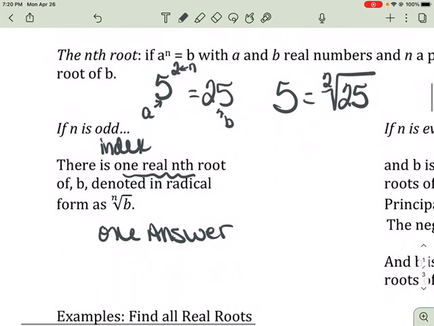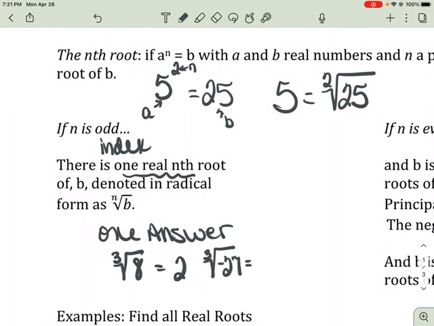So if I wanted to take the cube root of 8, that's 2. Period. If you take the cube root of, let's say, negative 27, the answer is negative 3. No plus or minus. No multiple answers. There's only one answer. You can take a cube root of a negative number or of a positive number, and your answer is just one answer. And that's for every odd root: cube roots, fifth roots, seventh roots, and so on.